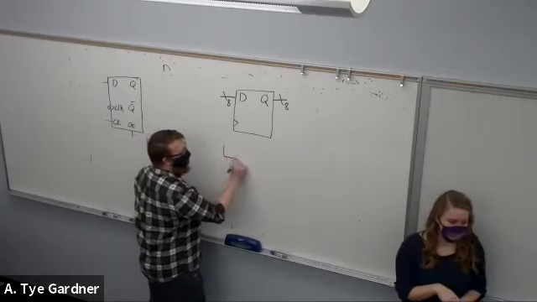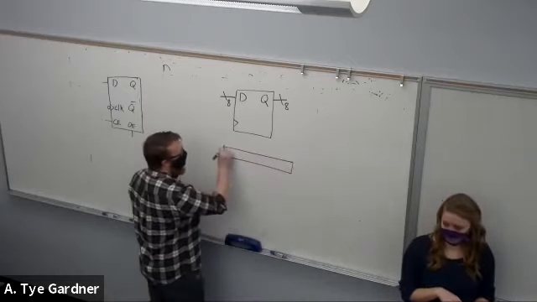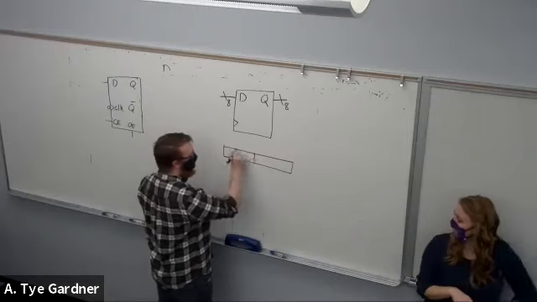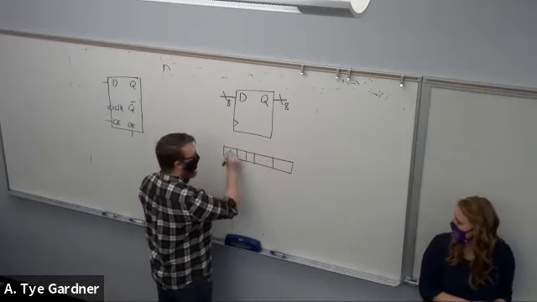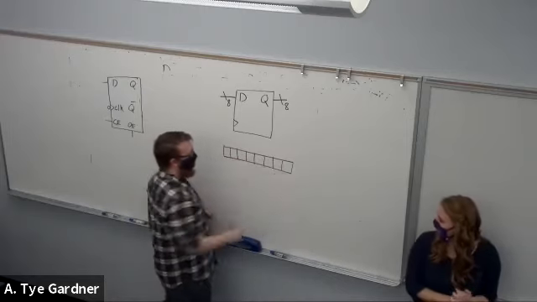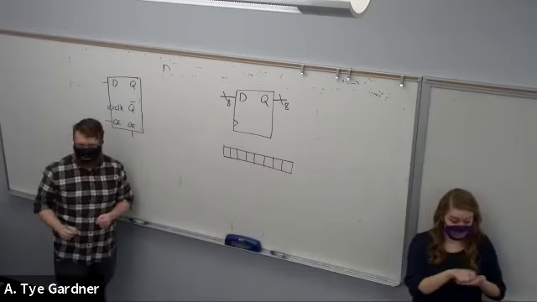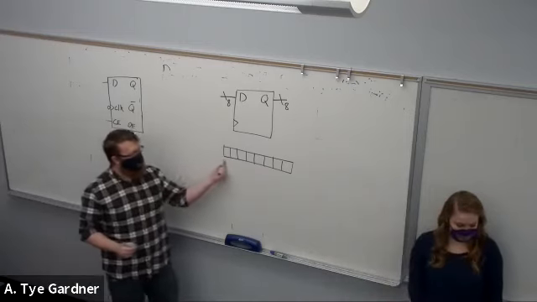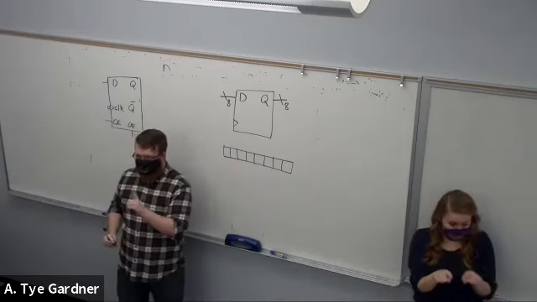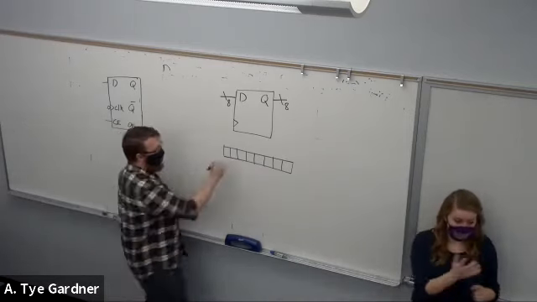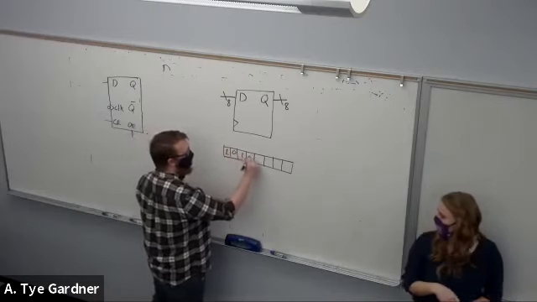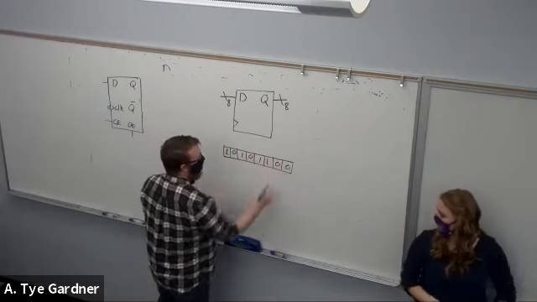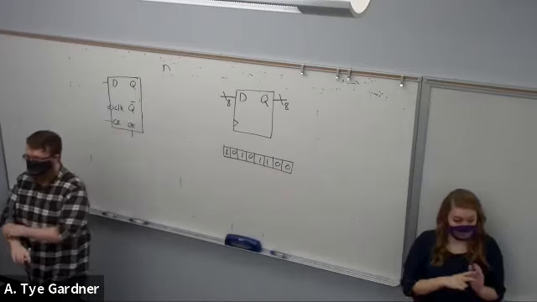The way I'll often write a register is like so. And each one of these cells will have 1 bit of memory in it. So you could have a number like that stored in it.